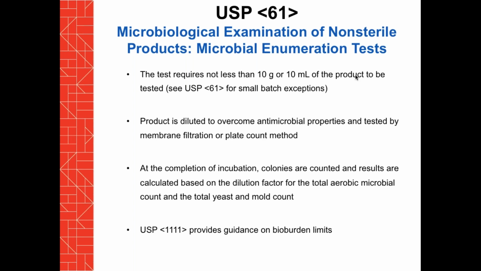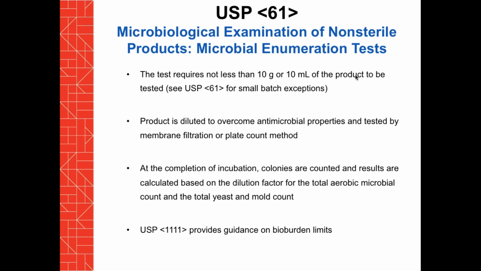There are some exceptions to the sampling requirements. For example, for materials used as active substance where the sample quantity is limited or the batch size is extremely small, for example, less than 1,000 mLs or 1,000 grams, the amount tested shall be 1% of the batch. In USP 61, the microbial enumeration test, the terms, not less than 10 grams or 10 mLs of the product to be tested, are outlined for you.